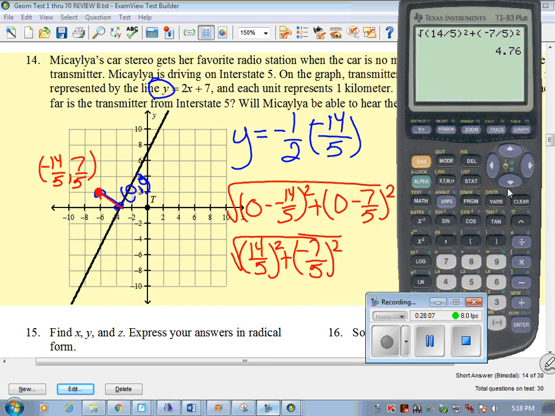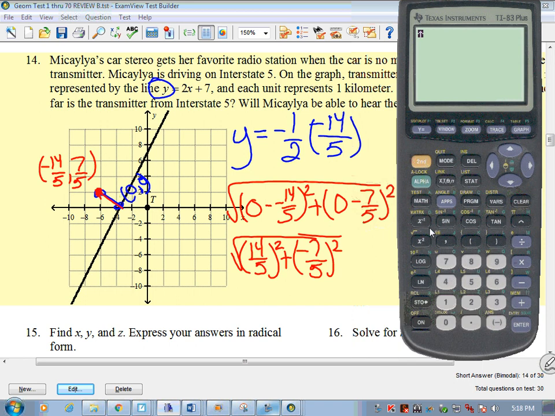Let me try one more thing. Some of the times this old calculator, I'm going to do a second set of parentheses in here, 14 divided by 5 squared plus negative 7 divided by 5 squared, and close up the last outside. There we go, 3.13. Or even just 3.1 kilometers is what we get out of this.